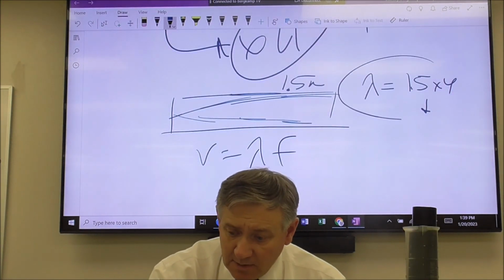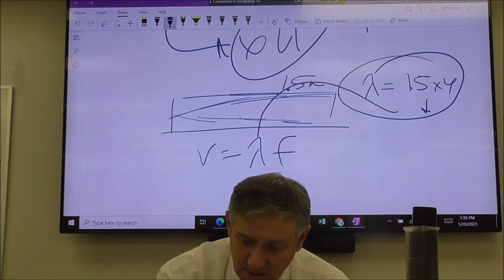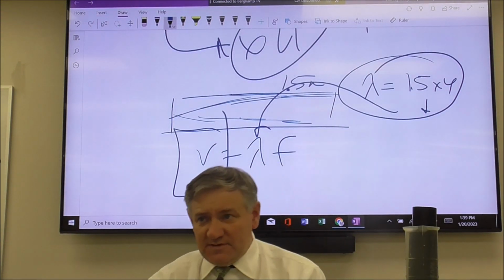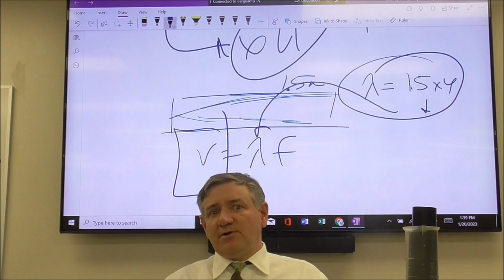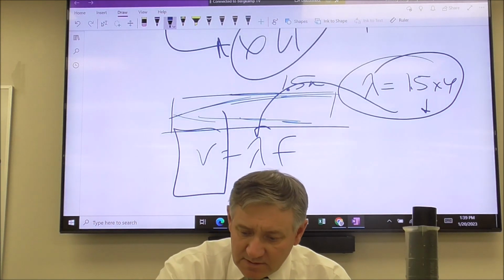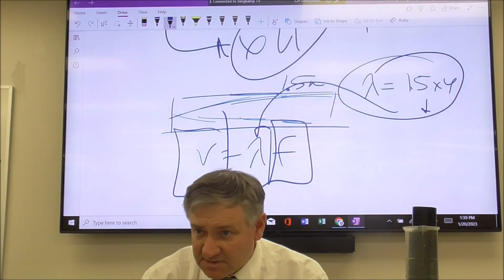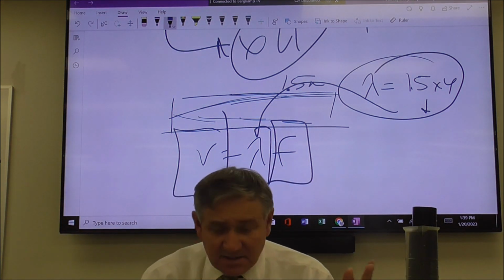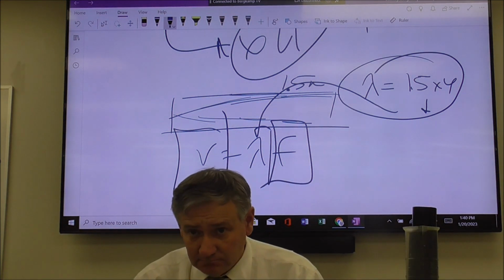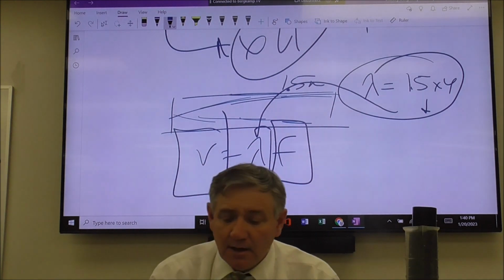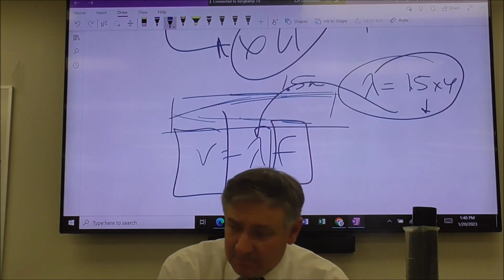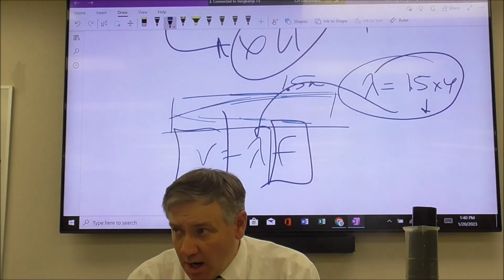So I take 1.5 times 4, that gives me my wavelength. You know what the speed of sound is, that's 343 meters per second. You solve for the frequency. That first frequency on 26 should be around 60 hertz. Now, on an open-closed system, you work on the odd numbers.